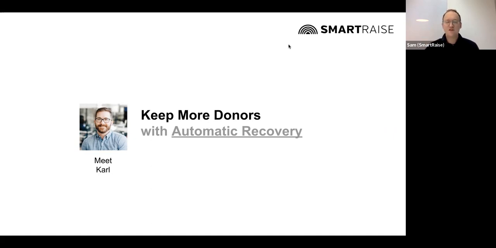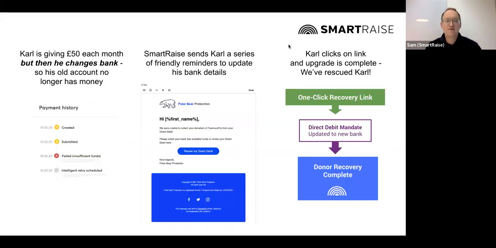So in this example, we've got Carl, and Carl's giving £50 each month, but then he changes bank. So his old bank account no longer has money in it. In this instance, our system would show that his payment has failed, so he had insufficient funds.